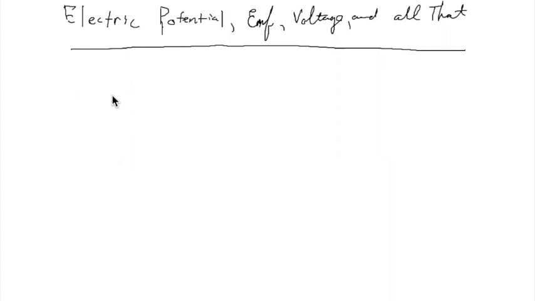So thus far, we've been talking about electrostatics. At least when we've been talking about electric fields in electrostatics, we can say that the electric field, there's a couple properties here which turn out to be equivalent.